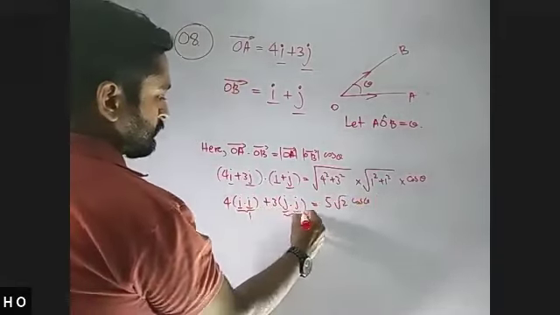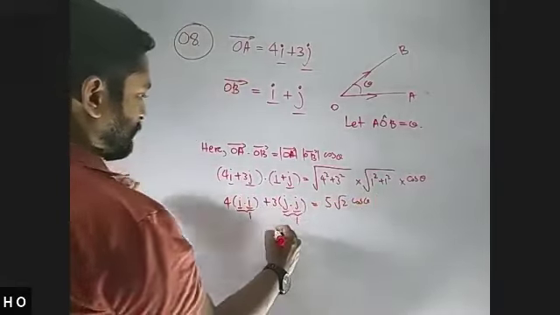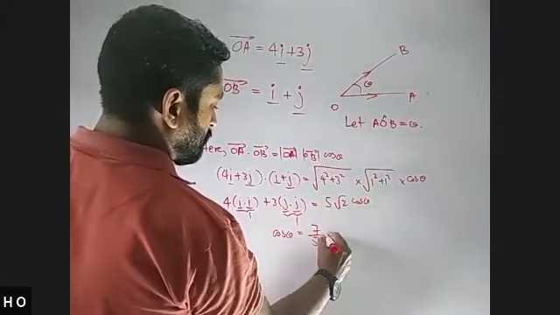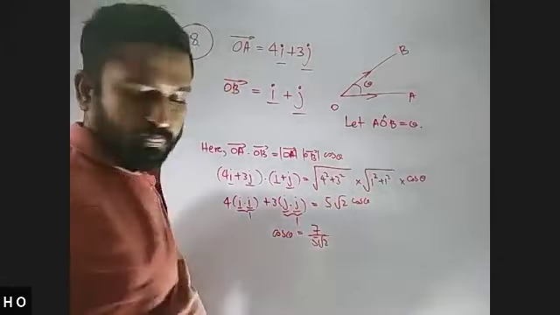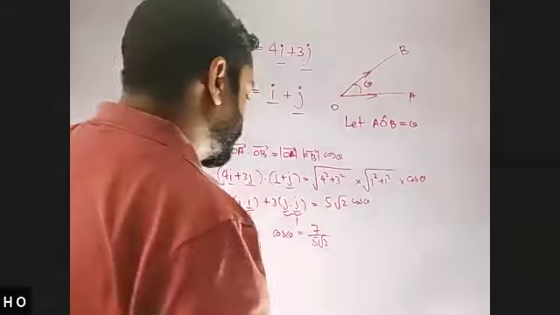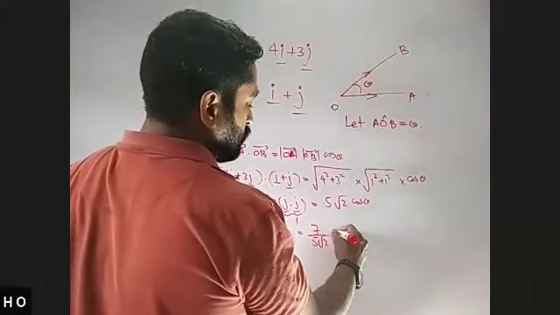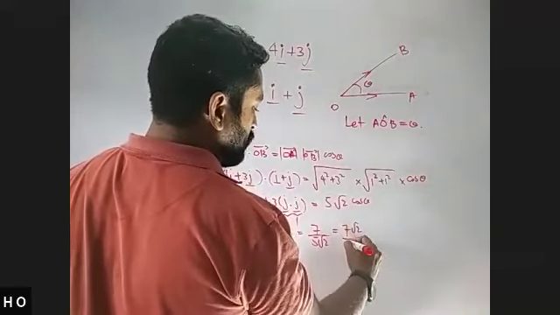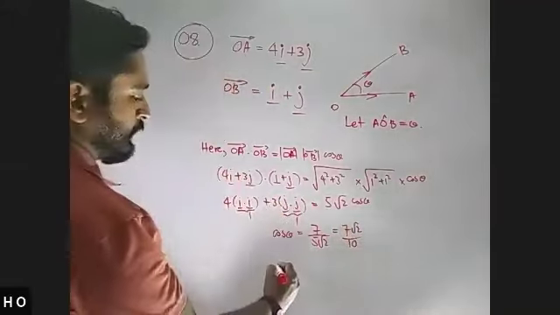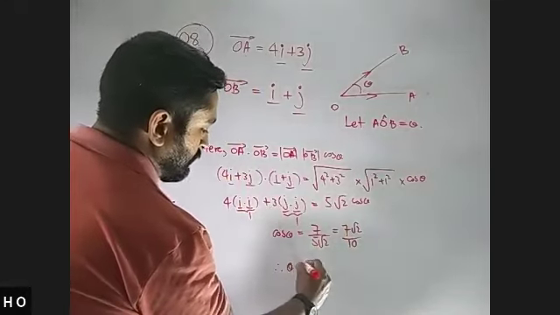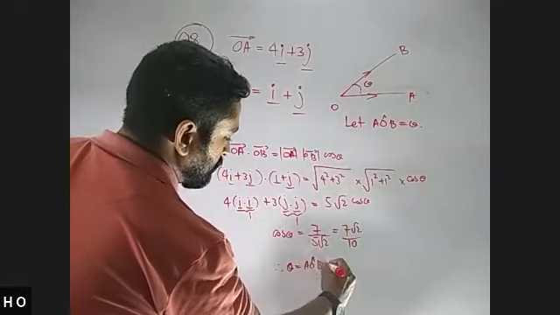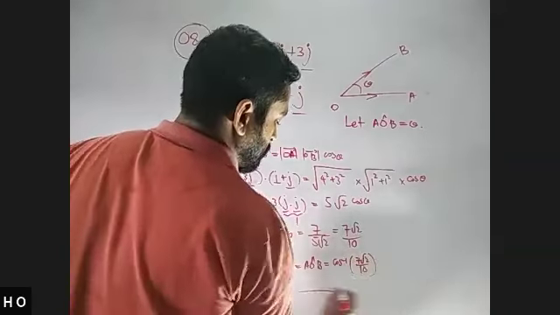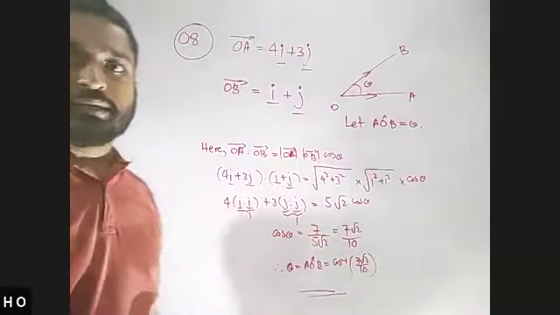So this is 1, this is also 1. 4 plus 3, 7. So cos theta is going to be 7 over 5 root 2. It is better to rationalize: 7 root 2 over 10. Therefore, theta, which is the AOB angle, is cos inverse 7 root 2 over 10. That is the answer for the first part.